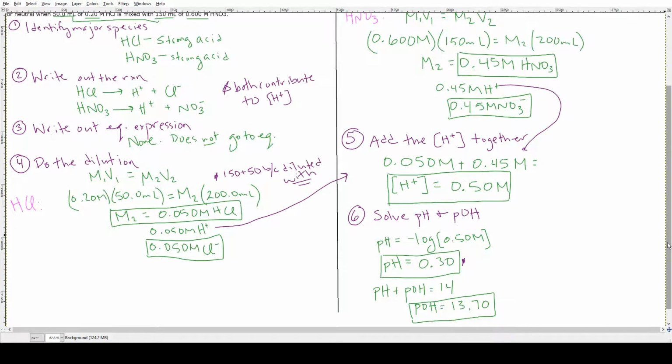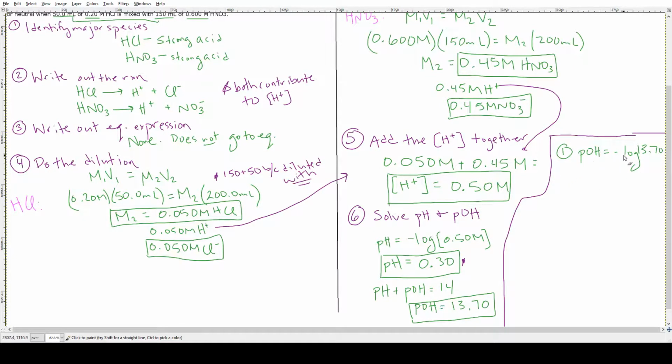Okay, so I'm not actually done yet. This problem asked me to figure out the concentration of hydroxide ions as well. To figure that out, you have more than one way to do it. You could solve for it out of this equation. Method 1 would be to do pOH is equal to the negative log of 13.70.